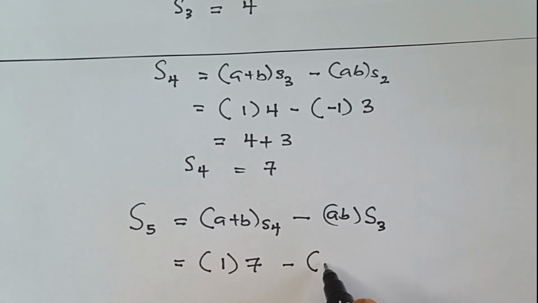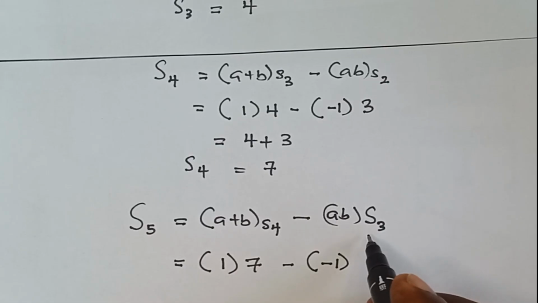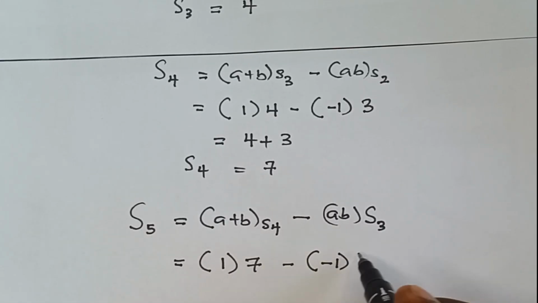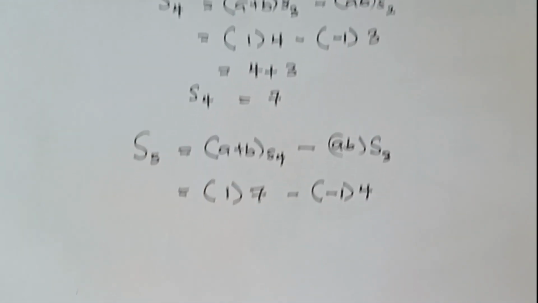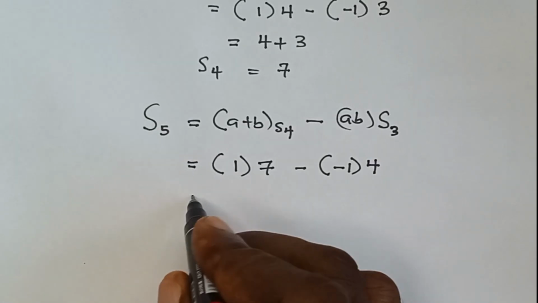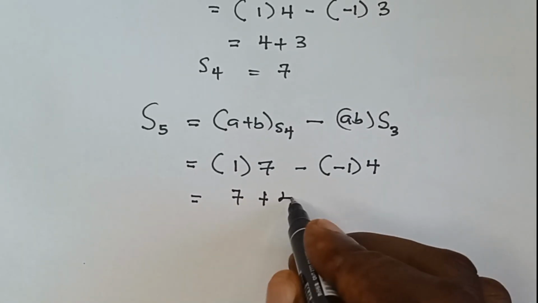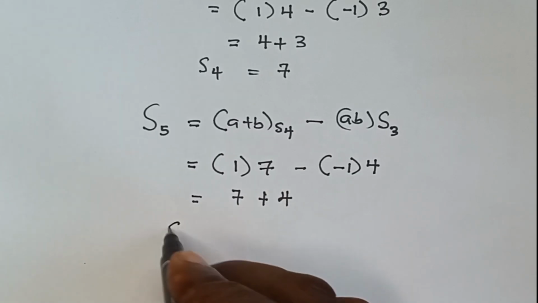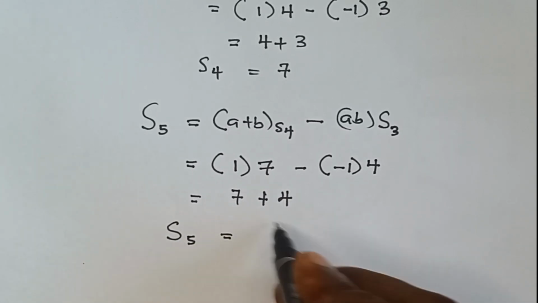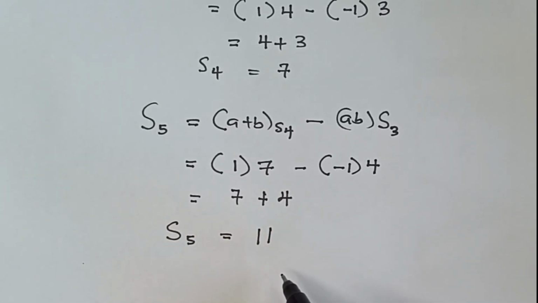Then what is our AB? Is minus 1. What is our S3? Our S3 is 4. We calculated it earlier, is 4. Okay, so now we can multiply. This is 7 plus 1 times 4 will give us 4. So it means our S5 is 11.